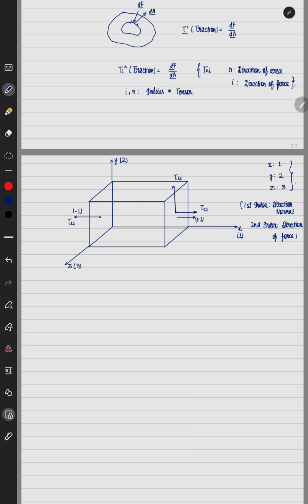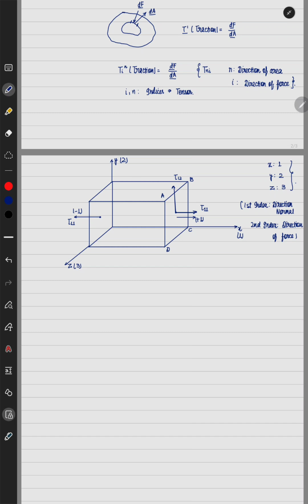For the first case, we have seen that on this surface A, B, C, D, we had the area oriented along the positive 1 direction and thus the force was oriented along the positive direction. Tau 1 1 is oriented along the positive 1 direction. The area is oriented along the positive 1 direction, so the direction of force tau 1 2 is also along the positive y direction.